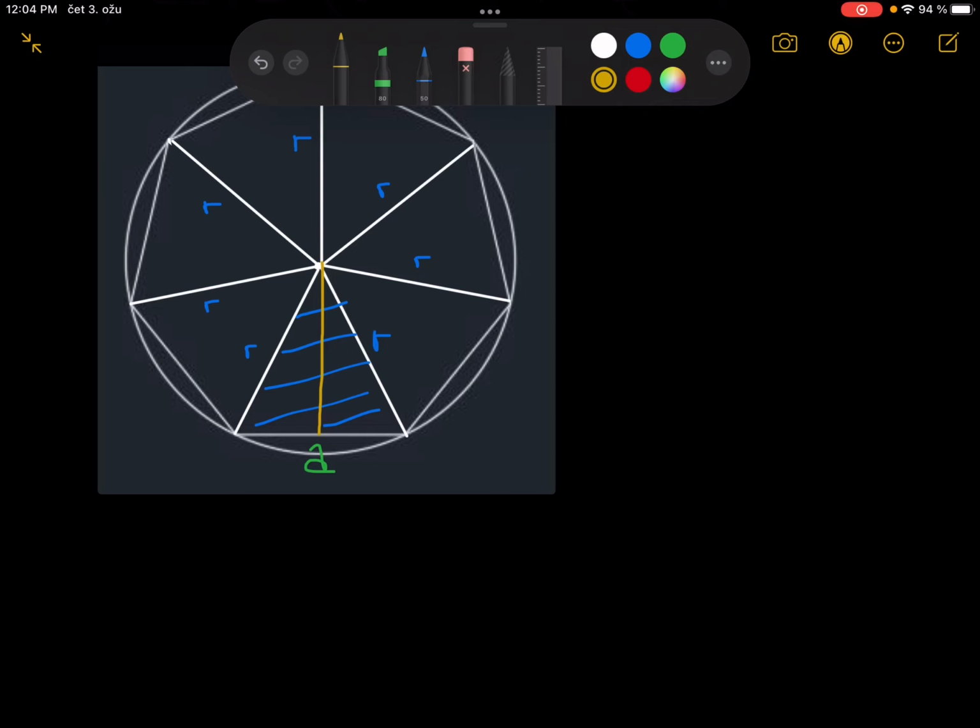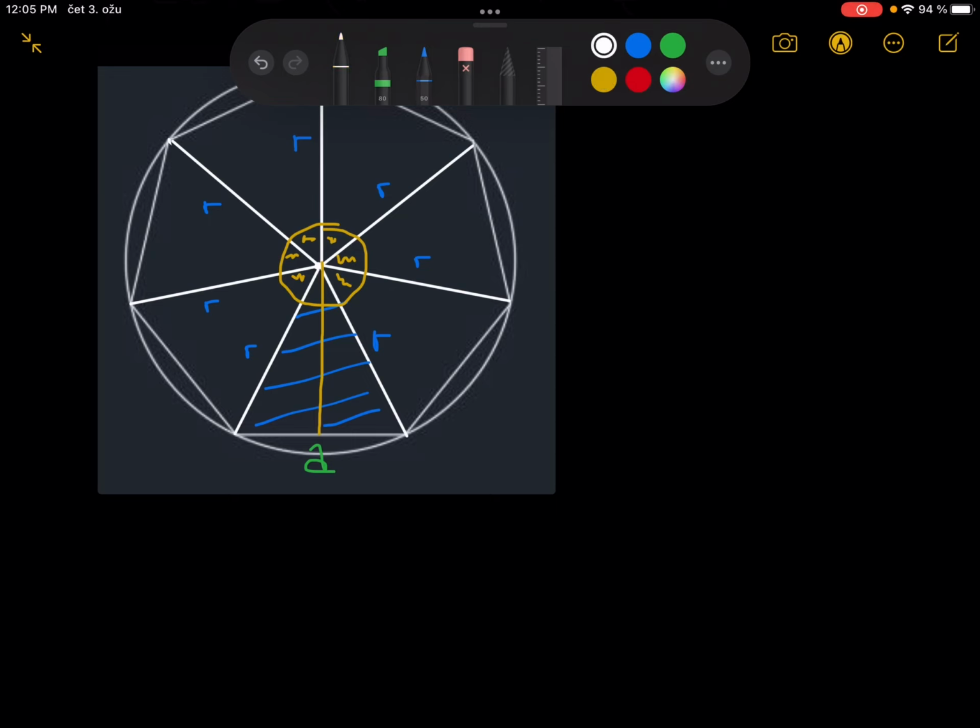But what I also want to point out is this circle right here. As every circle, it has 2 pi radians or 360 degrees. And since we have 7 equal cutouts in it, that must mean that all of these angles must be equal to 2 pi over 7 in this case.